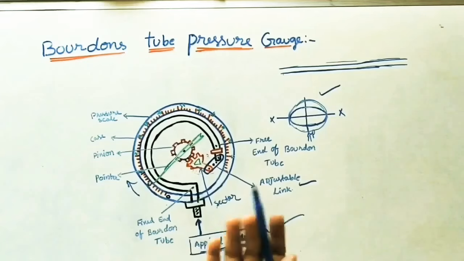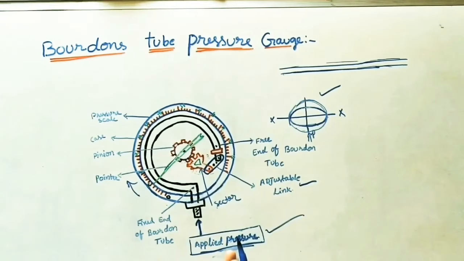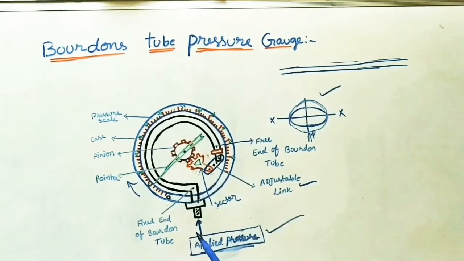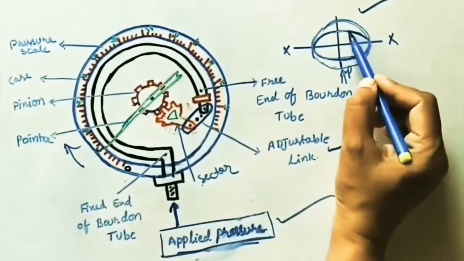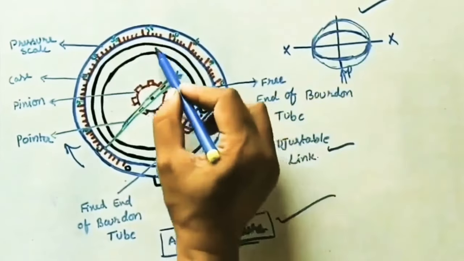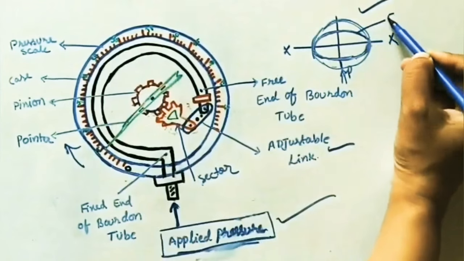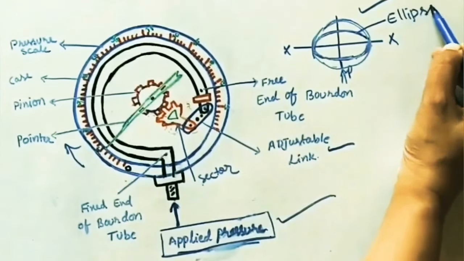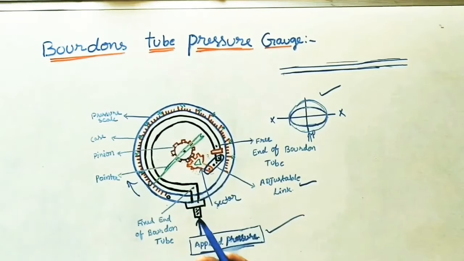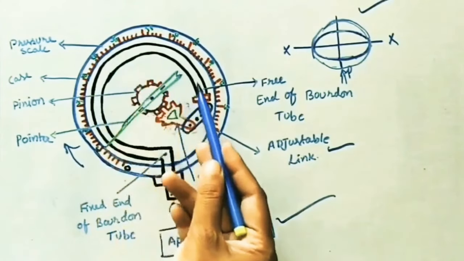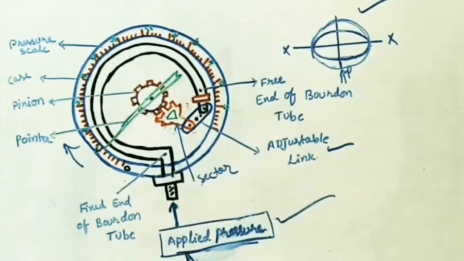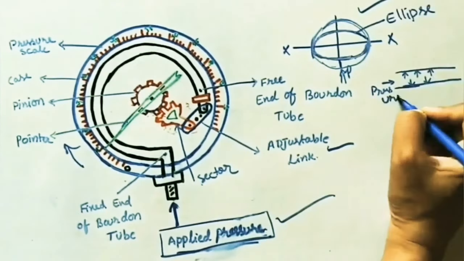Let us take the working operation of this Bourdon tube. Initially we are not supplying any gas through the open end. The Bourdon tube is in the form of an ellipse; it is not a circular one. Next we supply pressurized gas through the open end of the tube. Because of it, the tube becomes circular instead of elliptical. It gets circular because it deflects due to the high pressure air.